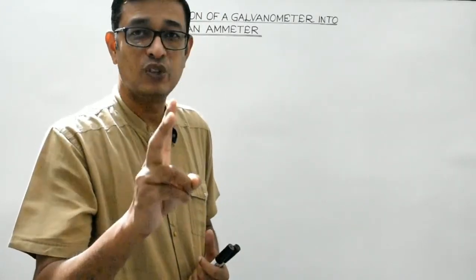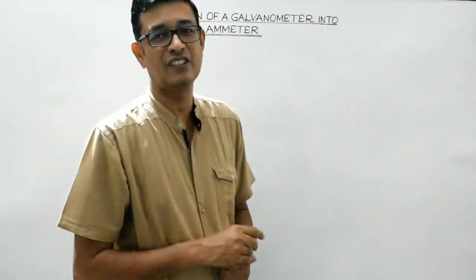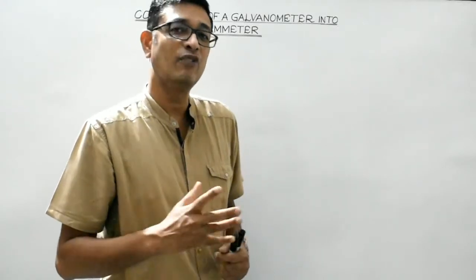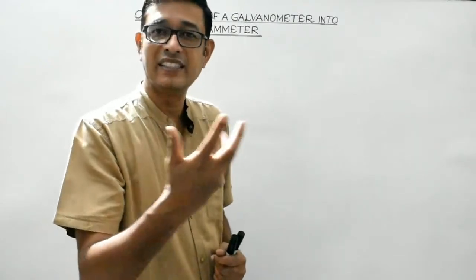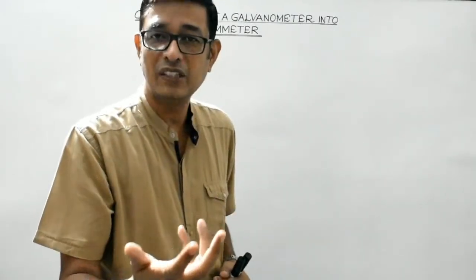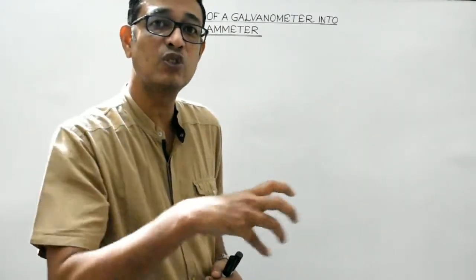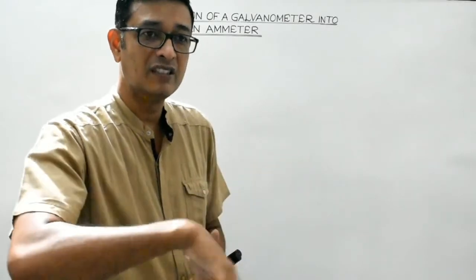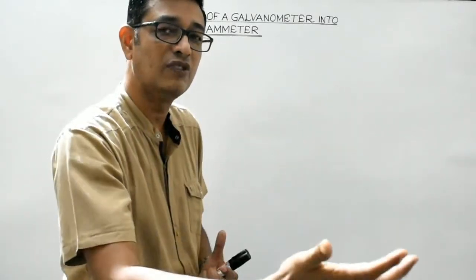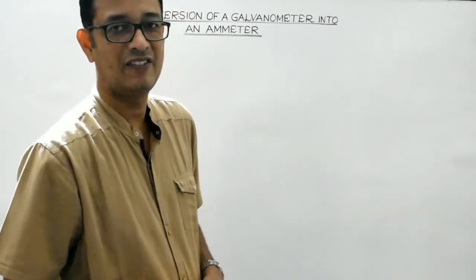So these are the two basic reasons why a galvanometer cannot be directly used in a main circuit to measure current. There lies the utility of converting a galvanometer into an ammeter.